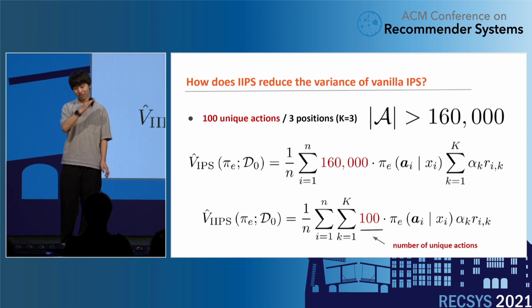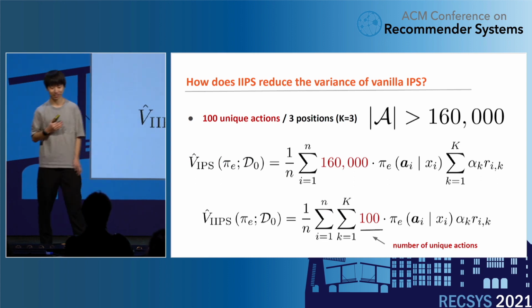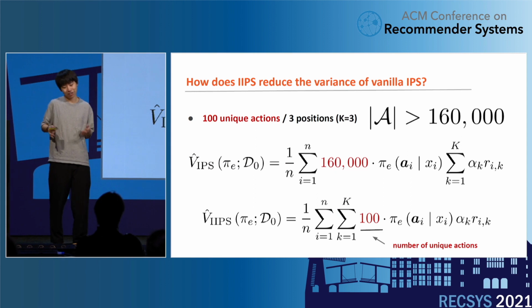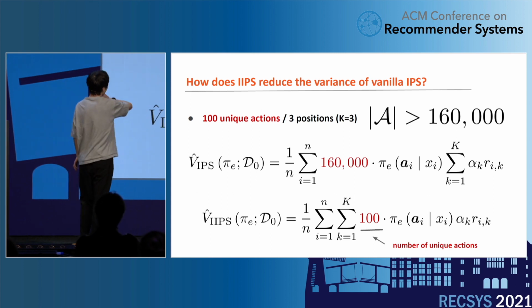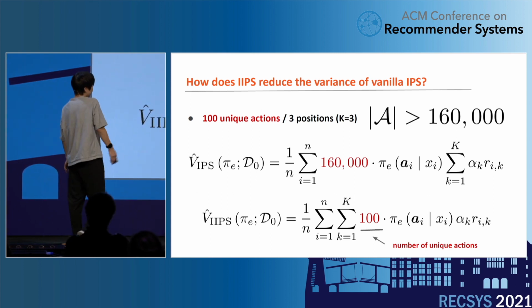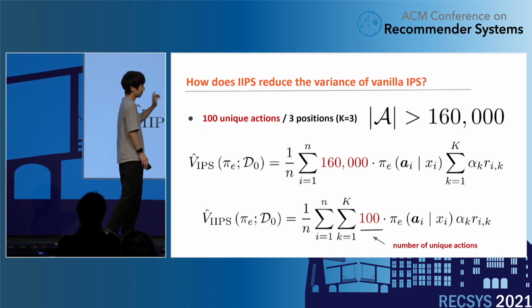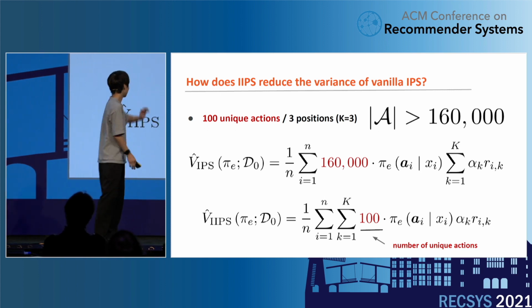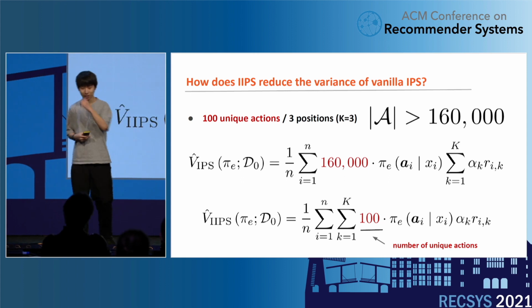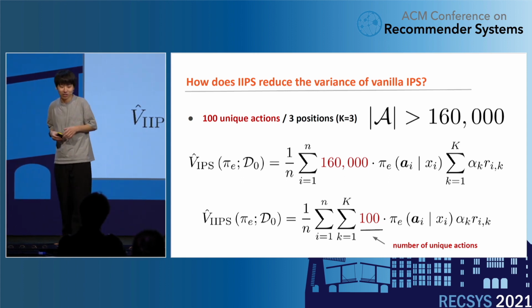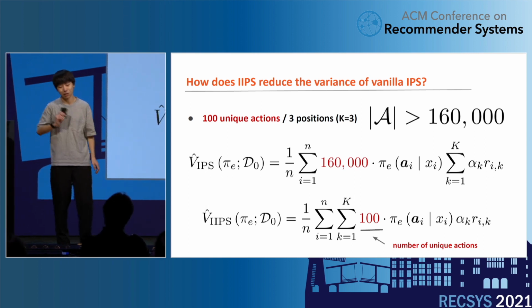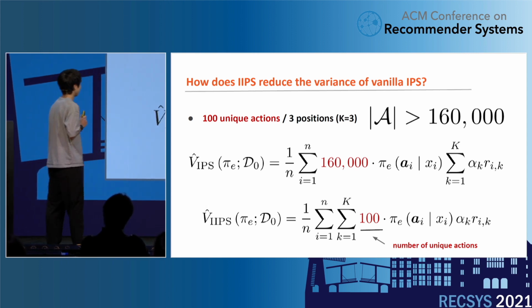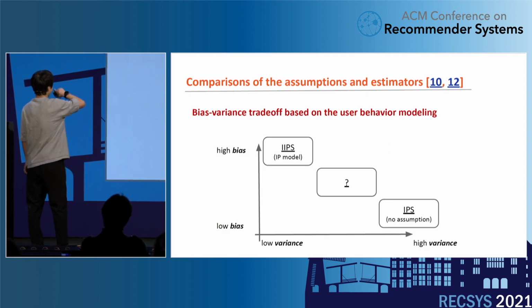But when we use the independence assumption and the IIPS estimator, we don't take into account the combinatorial effect anymore, meaning that we can just think of the unique actions separately, so we just see the number of unique actions inside the definition of the IIPS. So that's the intuition on how this estimator reduces the variance of the vanilla IPS, leveraging the additional user behavior assumption. That's one interesting approach in the literature.